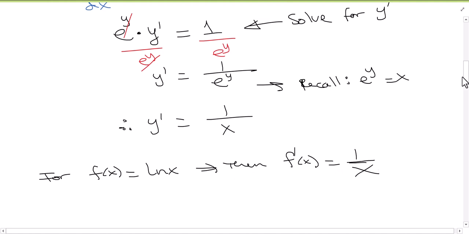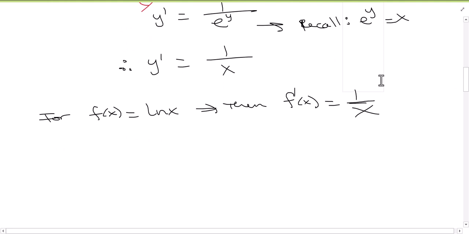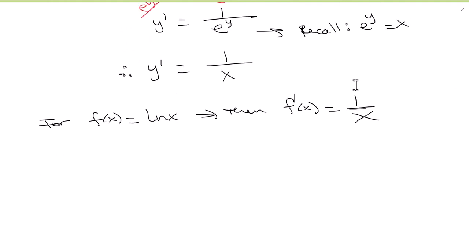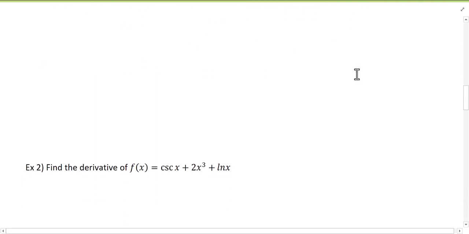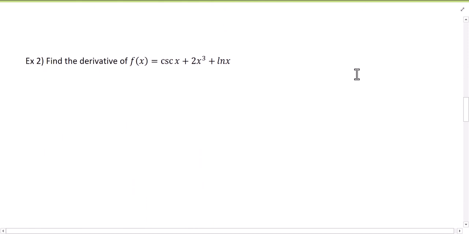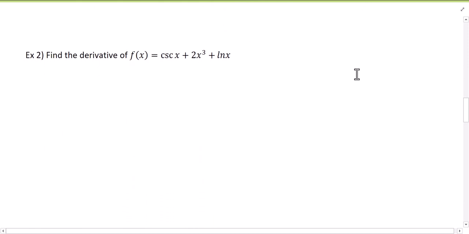So let's try an example using what we just found. Find the derivative of f of x equals cosecant x plus 2x to the third plus ln of x. We already know how to find the derivatives of these other things, but now we're introducing the natural log of x.